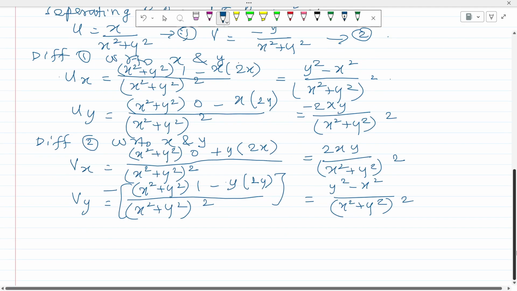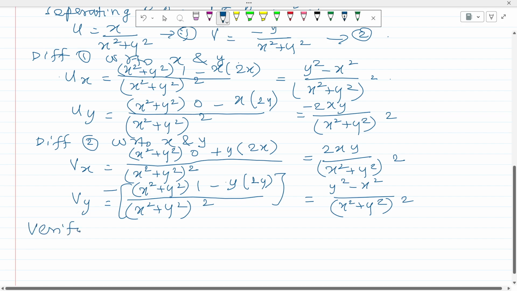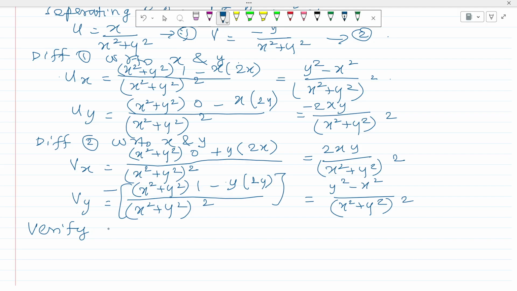Now we have to verify, what we have to verify? Verify ux equal to vy, uy equal to minus vx. So what is ux here? ux is this one now, y square minus x square divided by x square plus y square whole square. But what is vy? Same. So verified ux equal to vy.